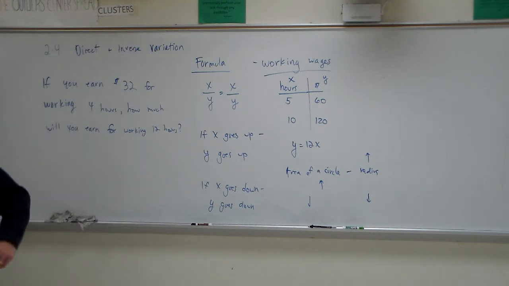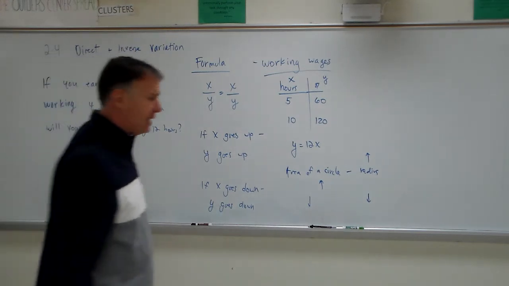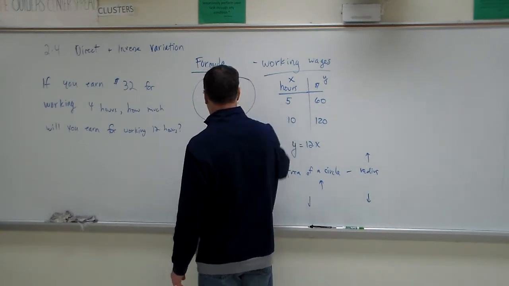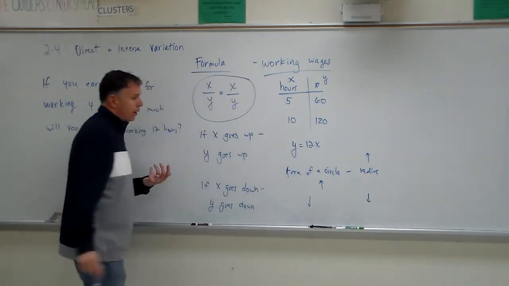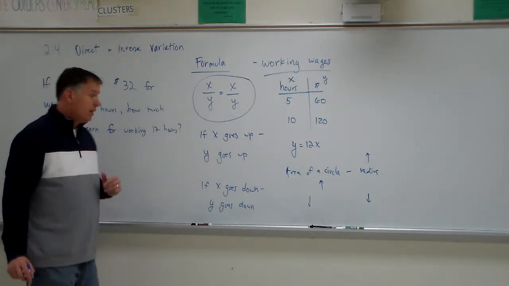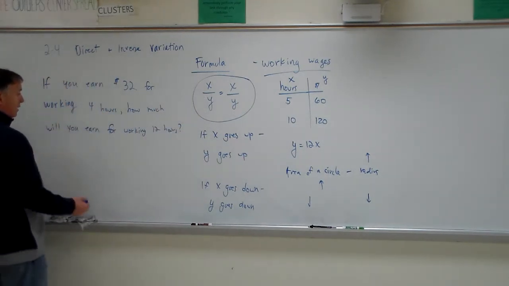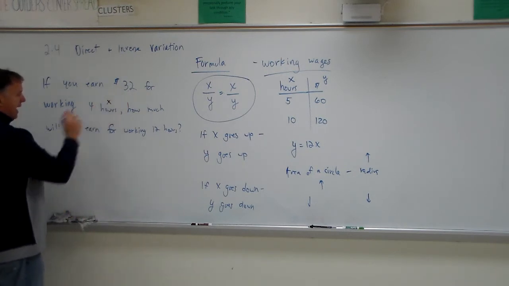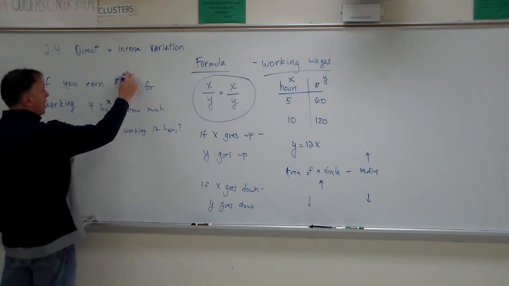When you're doing a problem like this, you want to think of the formula, and you have to let one of the variables be a letter. The two variables we have here are hours and money. Let's let hours be x and let's let money be y.